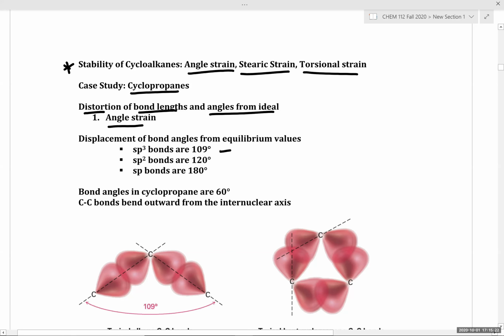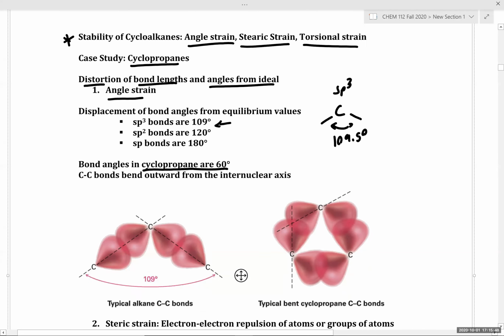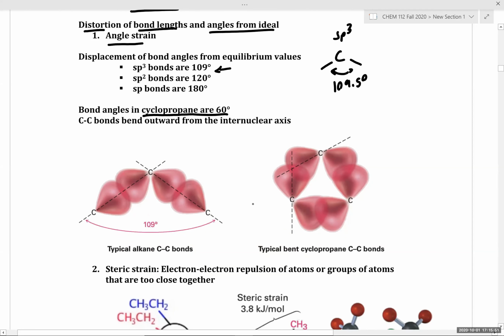So we know that if we have an sp3 carbon, the bond angle is going to be about 109.5 degrees. Well, if we look at a cyclopropane, we have a bit of an unfortunate picture in that case, because the typical bond angle in our cyclopropane is 60 degrees. So as a result, we are distorting our carbon-carbon bond angle.